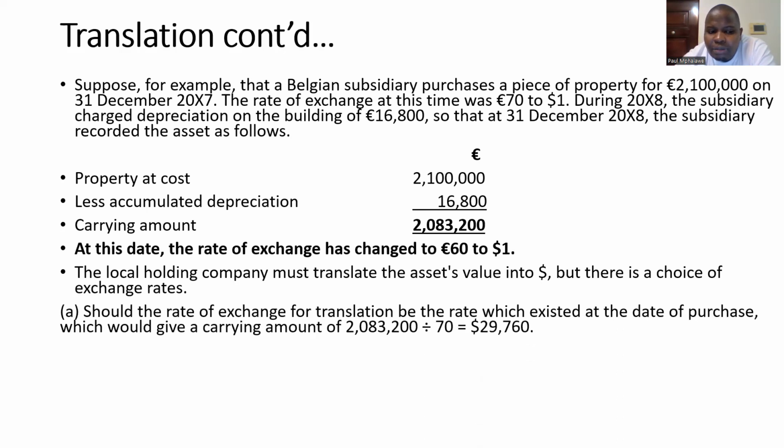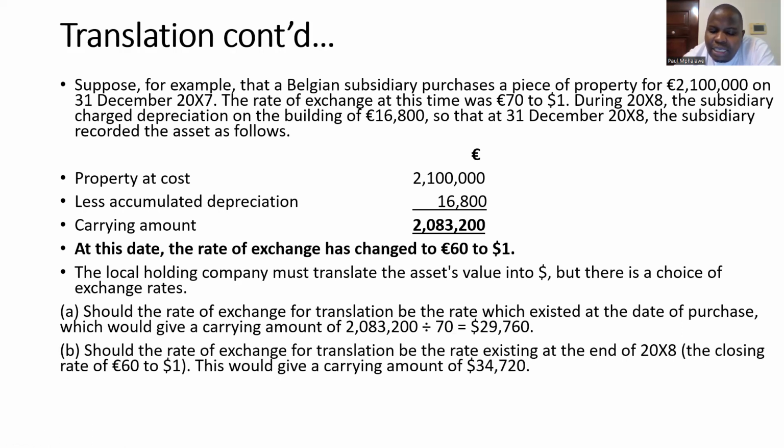Should the exchange rate of translation be the rate which existed at the date of purchase, which would give a carrying amount of 2,083,200 euros, divided by 70? That's the rate used at the time of the transaction. It's going to be $29,760.